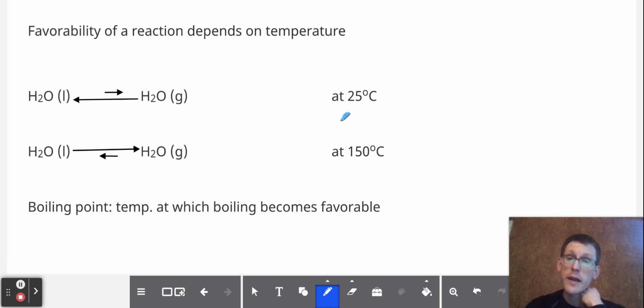And that's the case with any chemical reaction. Temperature will affect the equilibrium position. As it happens, the boiling point is the temperature at which the boiling process becomes favorable. So you can say that at 98, 99 degrees Celsius, the liquid water is still favored, but once you cross that 100-degree barrier, that's when the equilibrium favors the forward reaction of boiling off water.